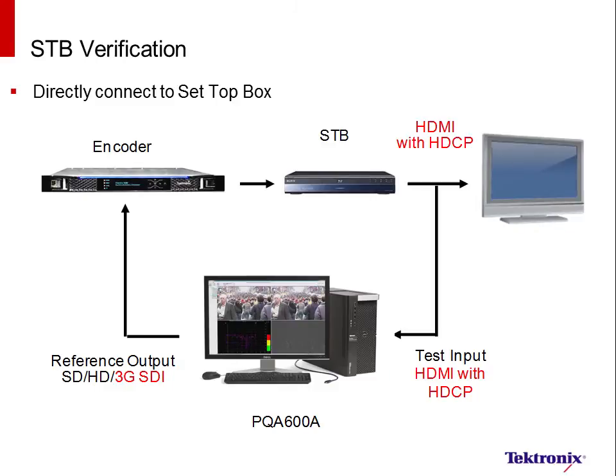If we wanted to verify the performance of a set-top box, we would need to feed our reference stream to an encoder, have that encoder go through our network, be delivered to the set-top box, the HDMI output of that set-top box, then loop back to the picture quality analyzer to record that data to be compared against the original reference that was sent to the encoder and get the MOS score for that particular output.